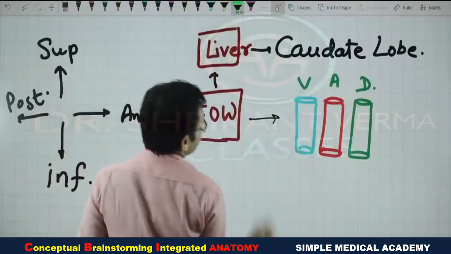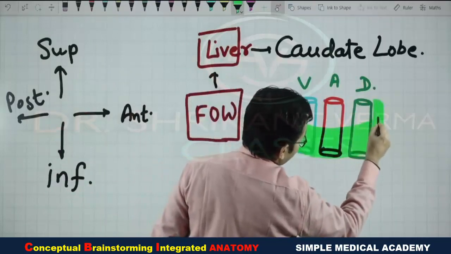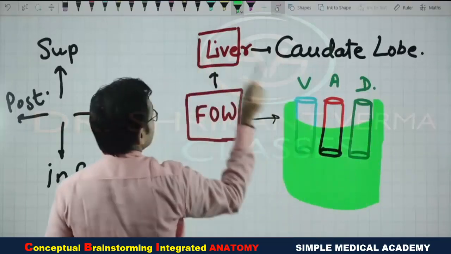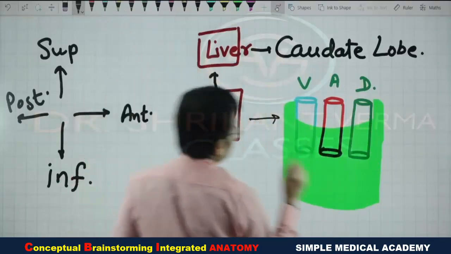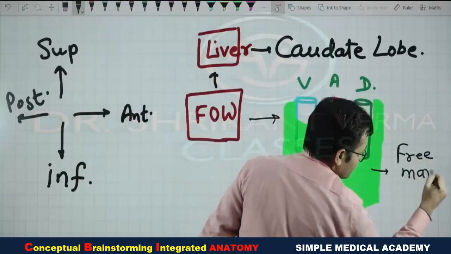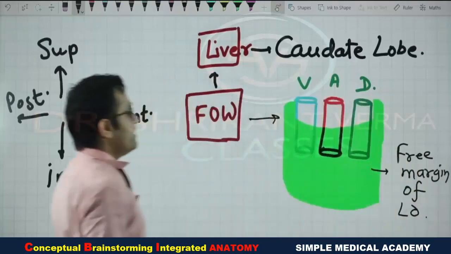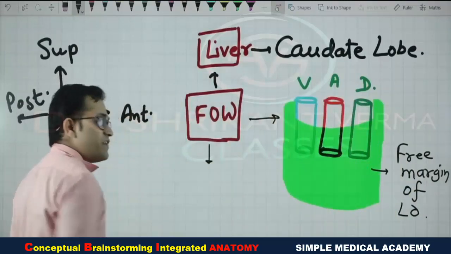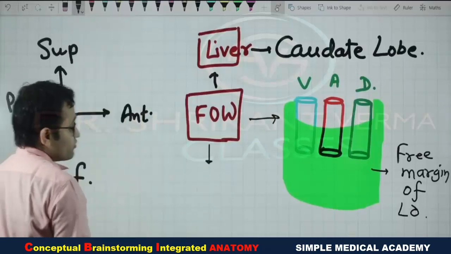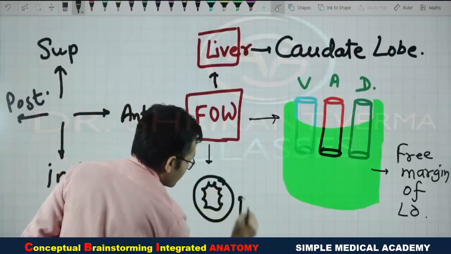But remember, this vein, artery and duct are within the free margin of the lesser omentum, under its cover. Now see, the inferior boundary is formed by, just recall with your anatomy diagram as well as from your surgery, the first part of the duodenum.